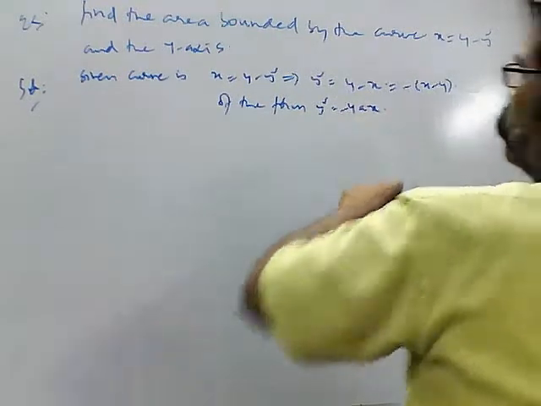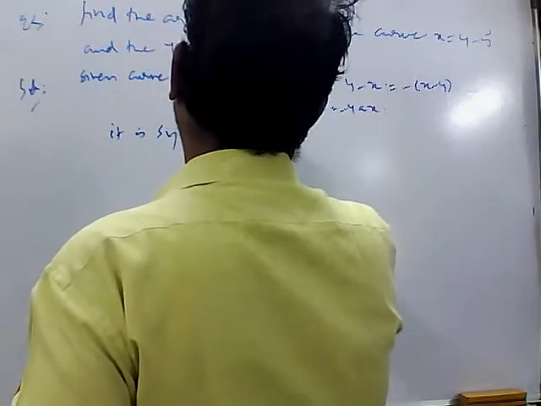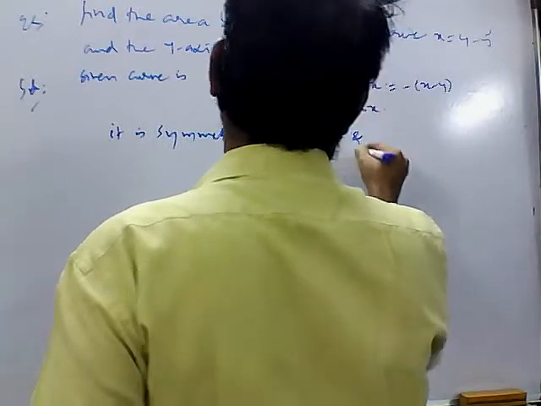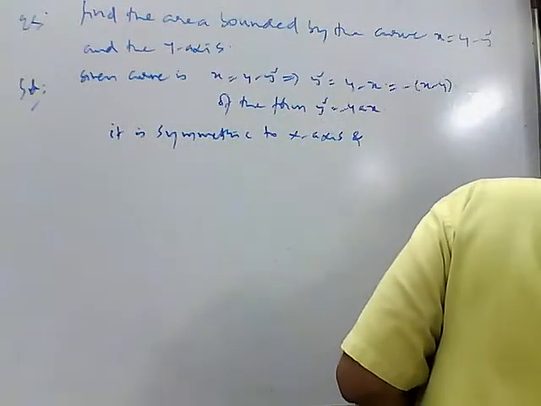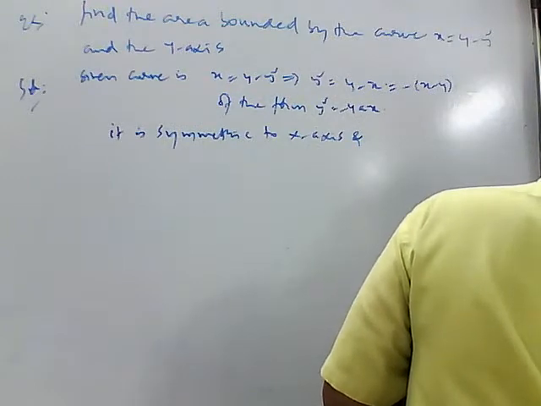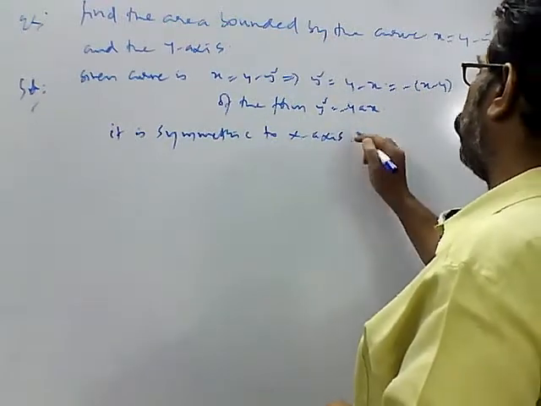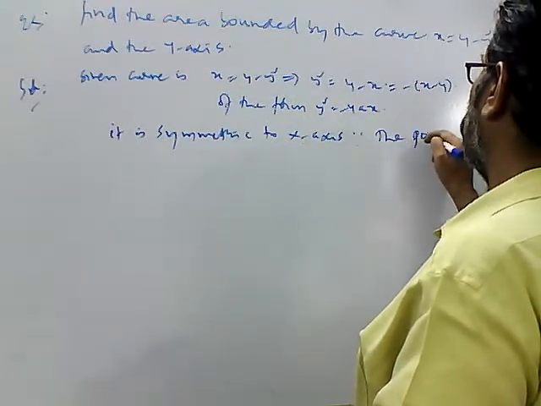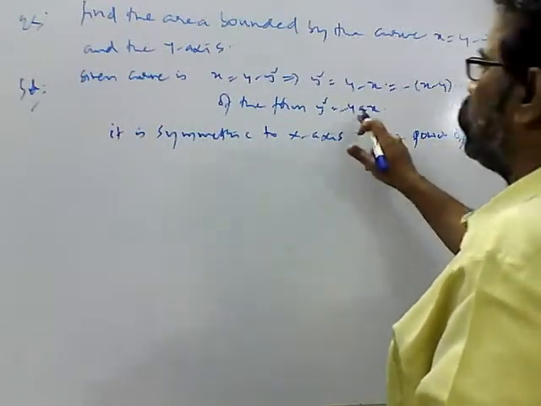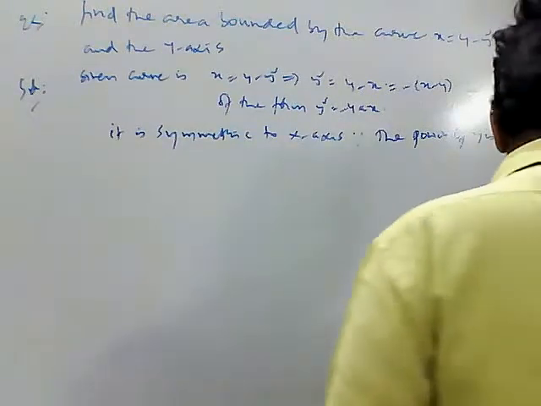Okay, so it is symmetric to the x-axis, since the power of y is even. Because y square means symmetric to the x-axis, x square means symmetric to the y-axis, already you know for a parabola. So we can draw the figure first.